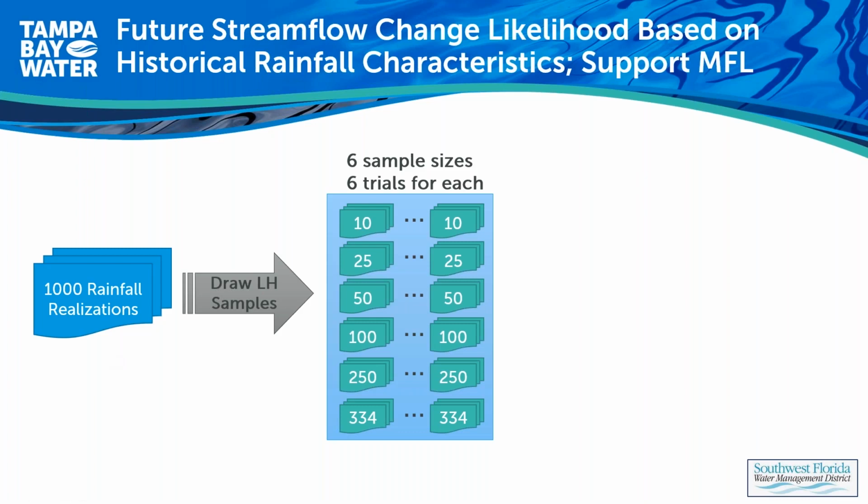But we don't quite understand how many of those 1,000 rainfall realizations we need to capture the full variability of rainfall and its effect on a hydrologic system. So we do a numerical experiment with 6 sample sizes from 10 to 334 and 6 trials for each one.